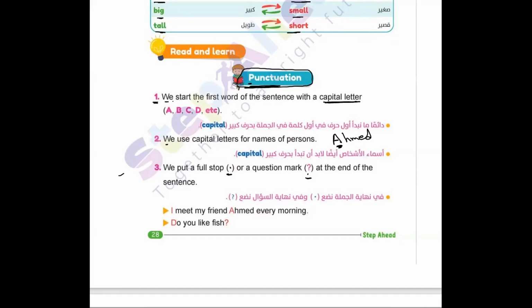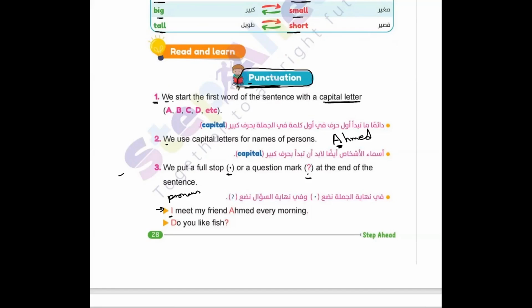And I have many examples here. Here I have a normal sentence. I meet my friend Ahmed every morning. This is a normal sentence. It starts with a pronoun. The pronoun is I. We usually write the I as a pronoun in capital.